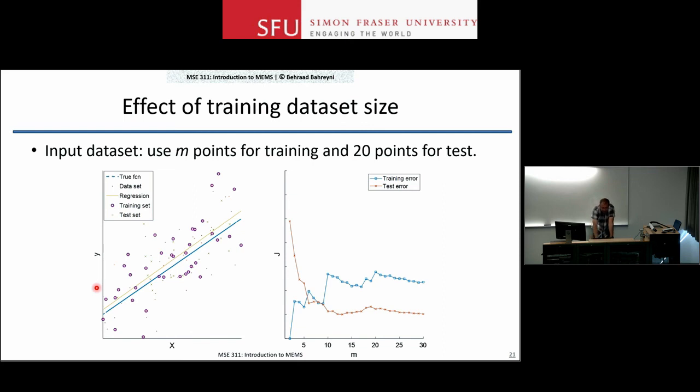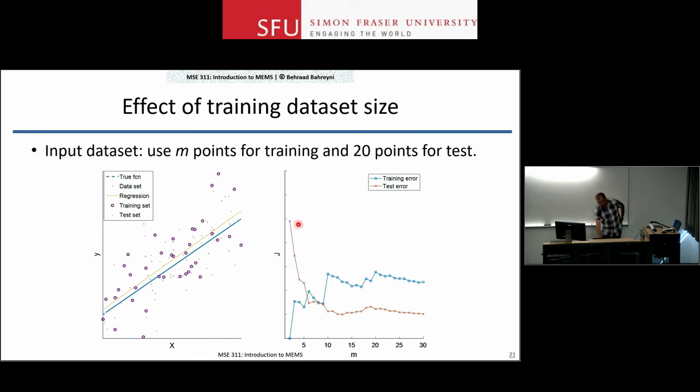And if I keep going like that, and ultimately, let's say, use 20 data points to fit the data, now you can see this function, the orange one, the regression line that I'm predicting, is very close to the main line. My training error keeps going up. We saw that as you increase the sample size, your training error goes up because you calculate the error over a larger and larger data set.